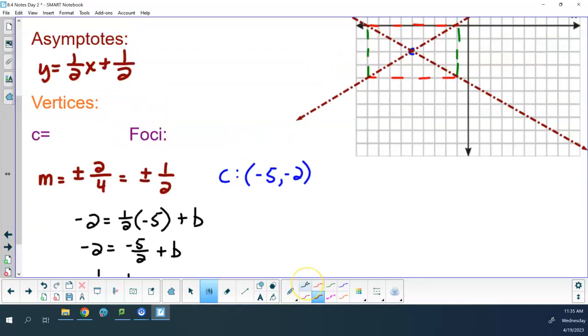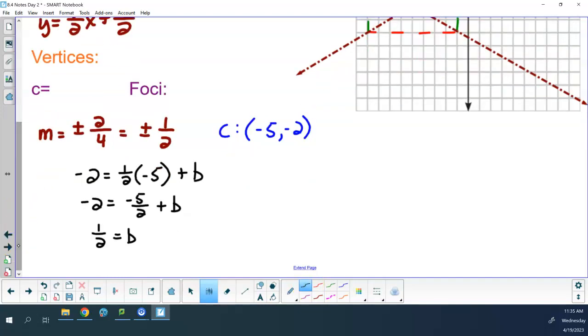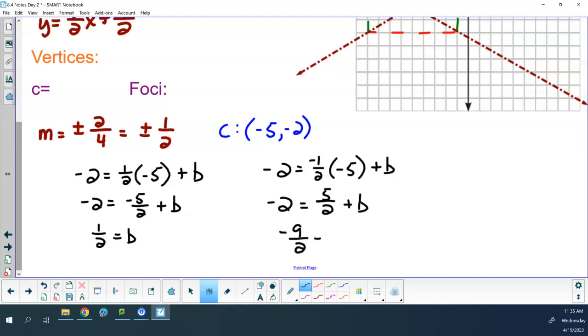Then I have to do it with -2 equals -1/2 times -5 plus b. -2 minus 5/2 is -9/2 as my b.